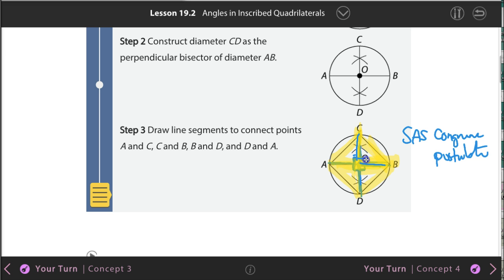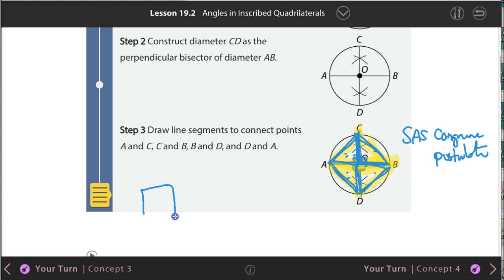These two sides measure the same and this angle measures the same for every single triangle. So there are four pairs of sides, four pairs of angles, and four pairs of sides that measure the same in each of these triangles, right? And so then, since all four triangles are congruent, we can come to the conclusion that this side, that side, and that side, and that side all measure the same, right?